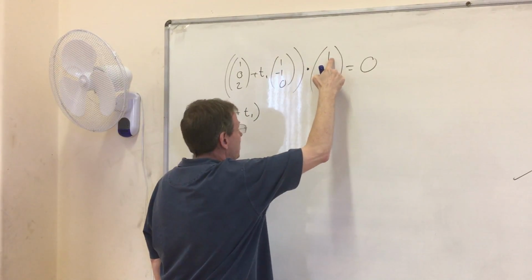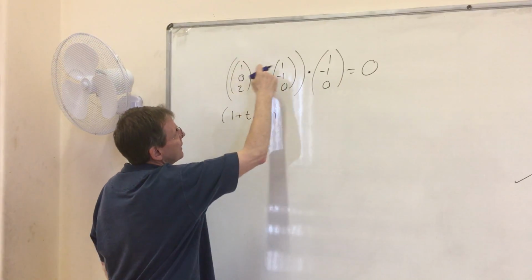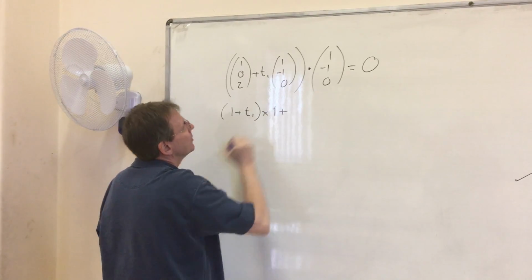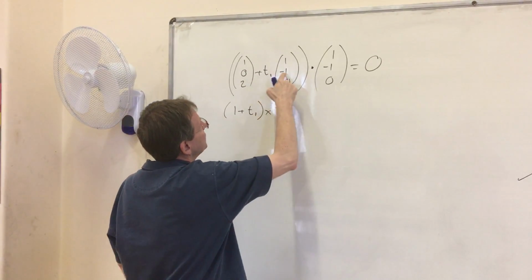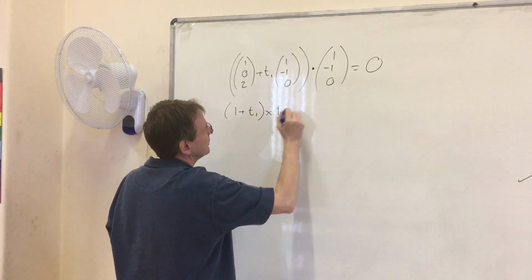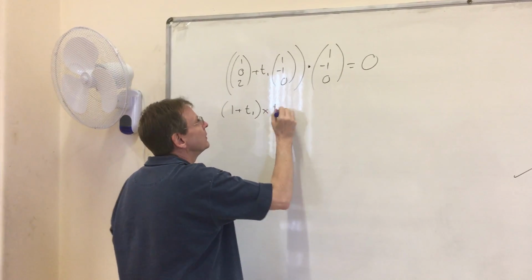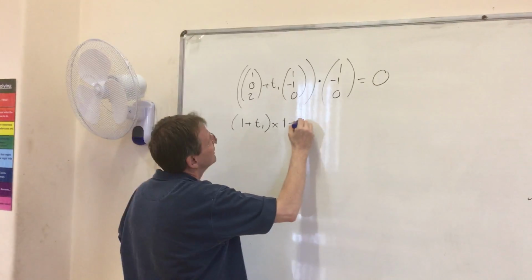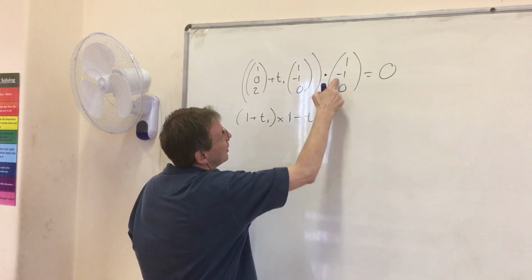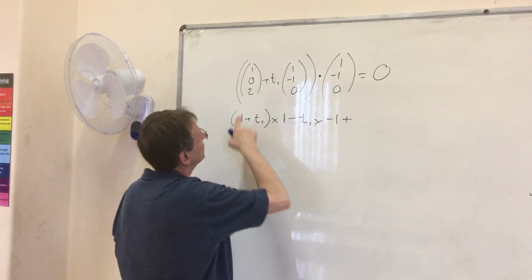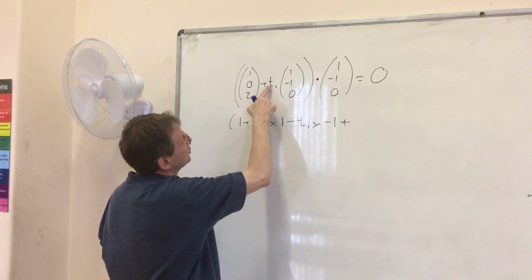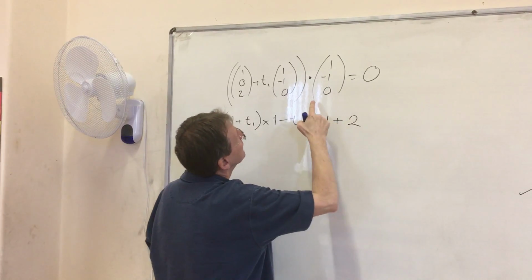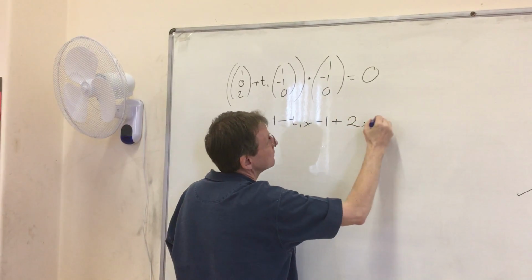But times by that one, so I've done the x component times the x component. Plus, of course, the y component, which is minus t1, so I don't need brackets, so I don't need the plus either. That's the good thing about doing whiteboards, they're easy to rub out. Minus t1 times that. Plus, of course, the z component, which is 2 plus nothing, so it's just 2, and again, times 0.